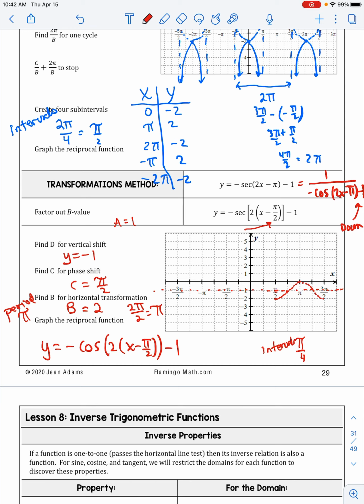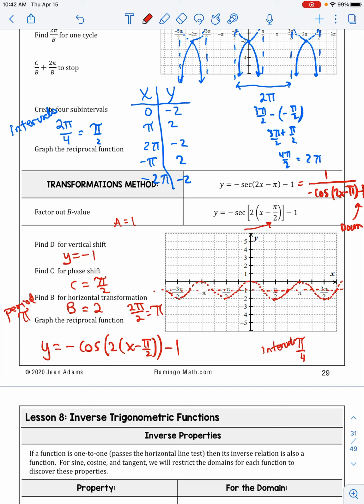Then it's going to go through 0 at another pi over 4, negative 1, or negative 2 actually. I said 1 here, but since it's shifted down, it's actually 0. And back up to here. So hopefully you can see that skeleton.